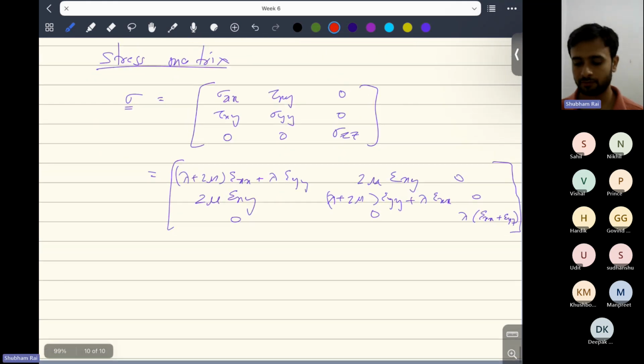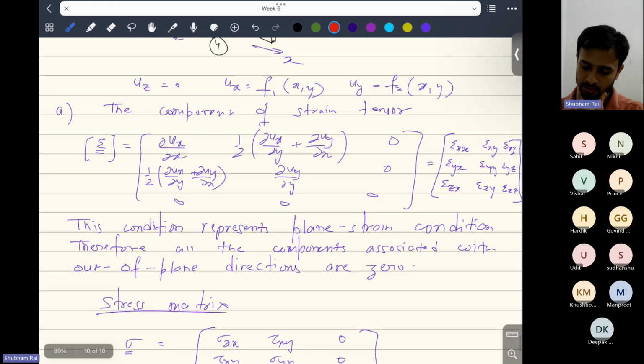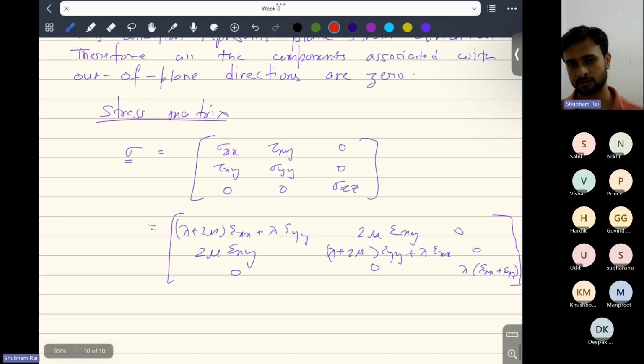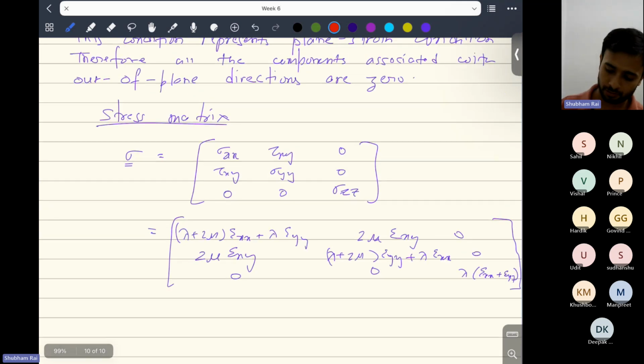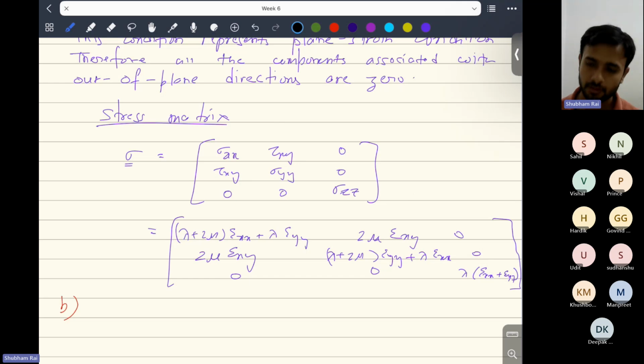Now we have the strain matrix and the stress matrix. In the second part, we need to show that the third equilibrium condition is automatically satisfied.